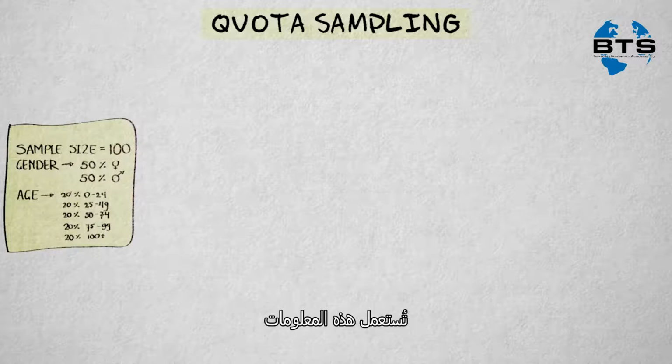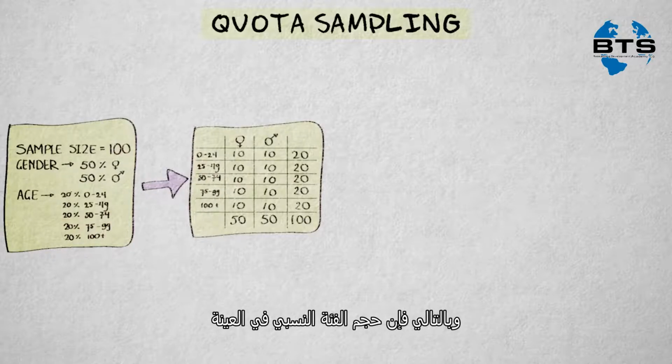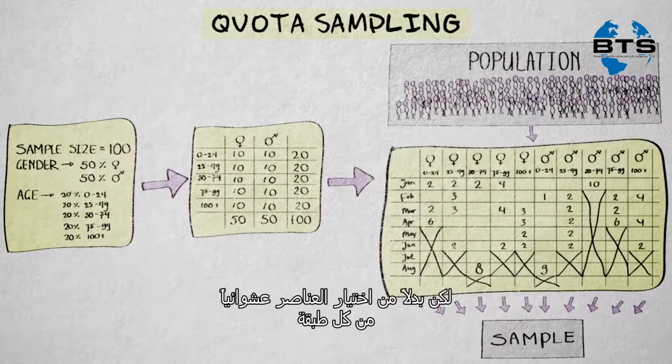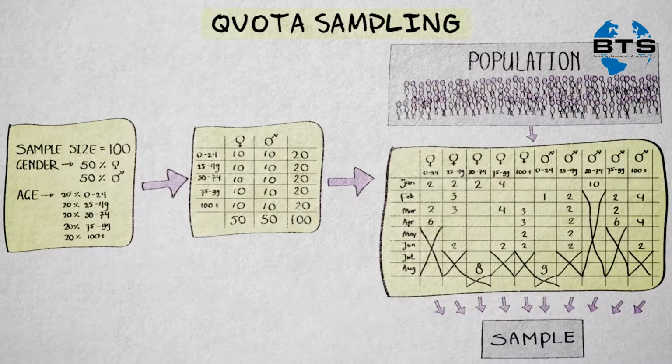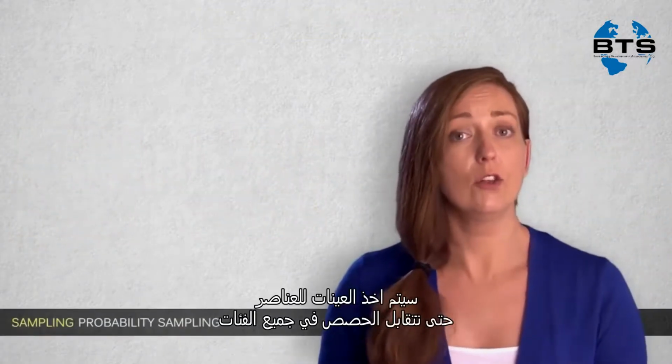This information is used to calculate how many participants are needed in each category, so that the relative category sizes in the sample correspond to the category sizes in the population. But instead of randomly selecting elements from each stratum, participants for each category are selected using convenience sampling. Elements are sampled until the quotas in all categories are met.